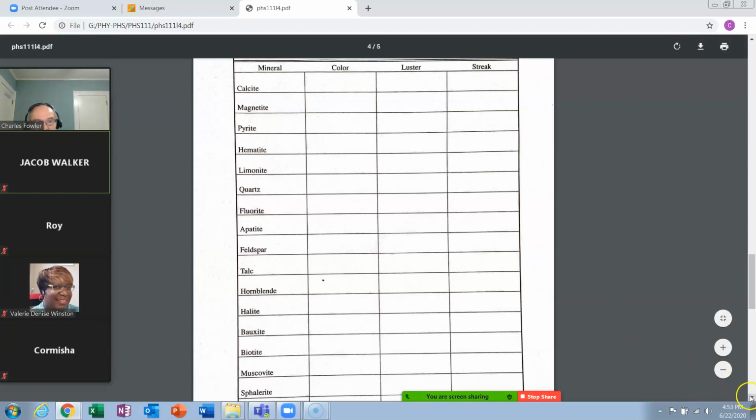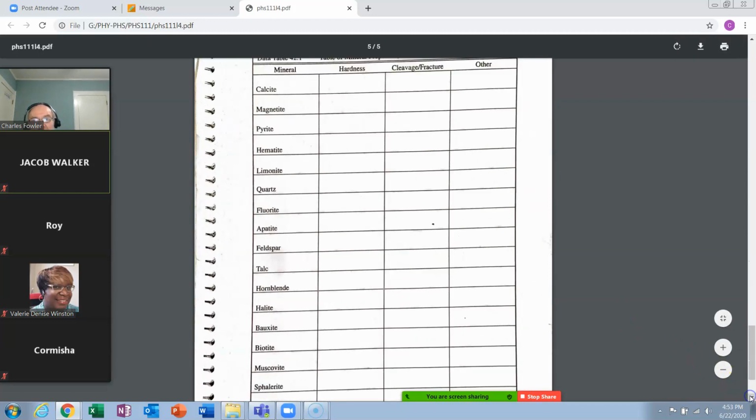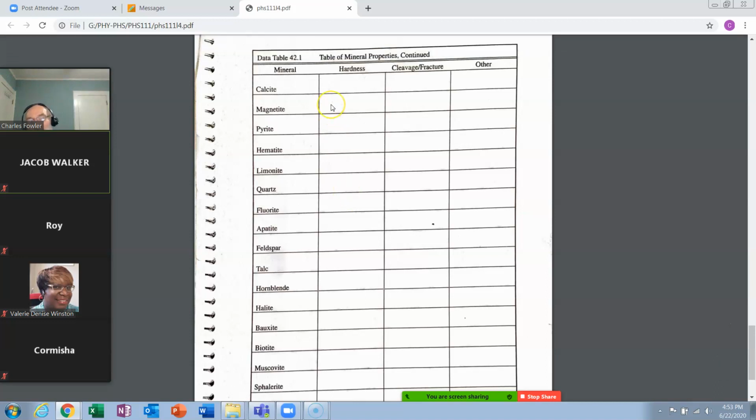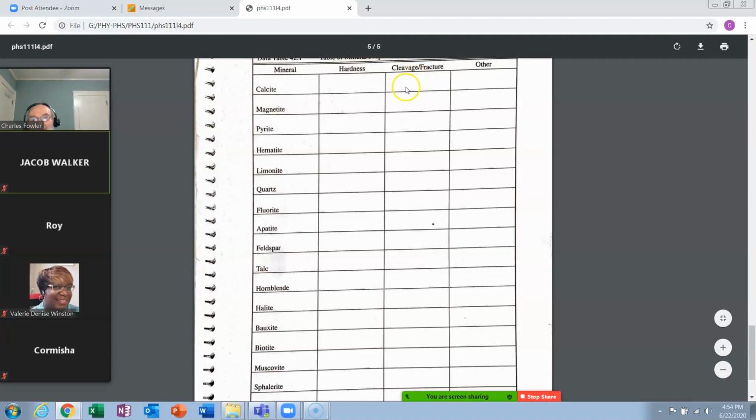The next feature will be hardness. And that's what you put here. There you can either just list the number, or list the classifier, the relator, the mineral, whatever you want to put there. I'd say what's on the website. And then this one is cleavage/fracture.